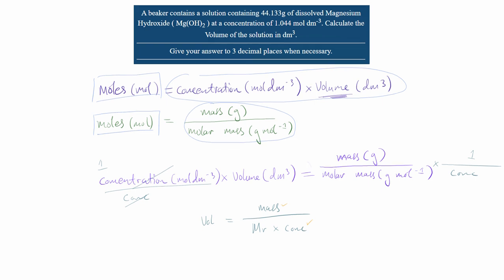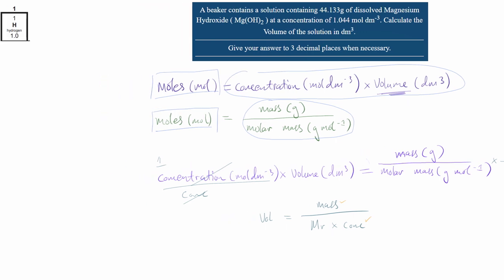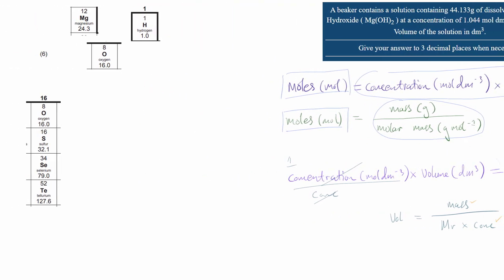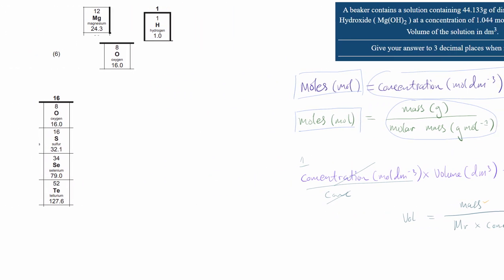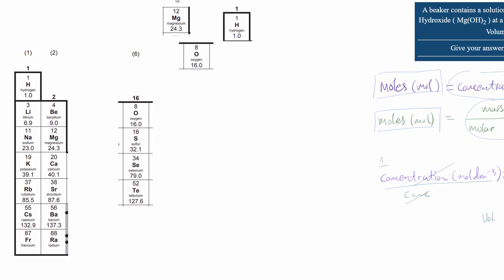We add up the relative atomic masses of each element present multiplied by the number of times the element appears. If you look at these excerpts from the periodic table, what we're working out is Mg, and then we've got OH2.